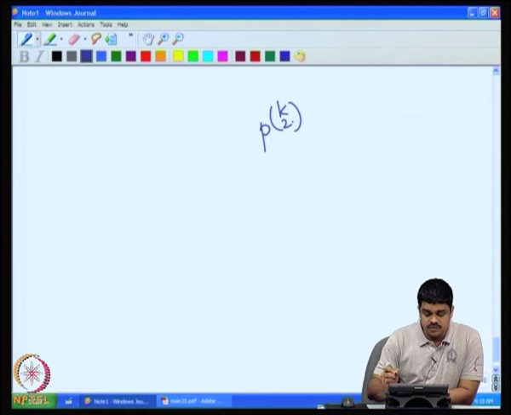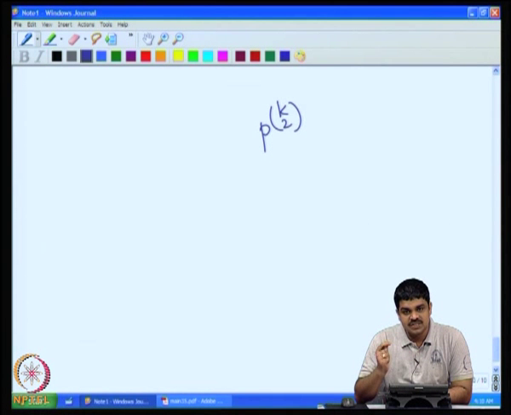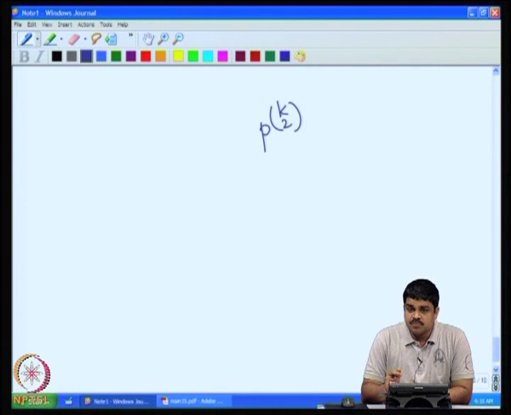Because for those k vertices to form a clique, we need each pair of vertices to be adjacent. There are k choose 2 edges within those k vertices. For each of those edges to be present, the probability is p, and for all of them to be present together, it is p raised to k choose 2.